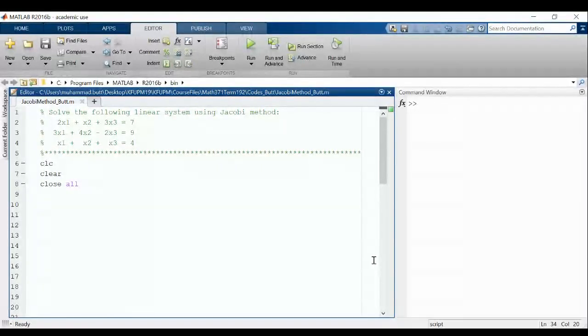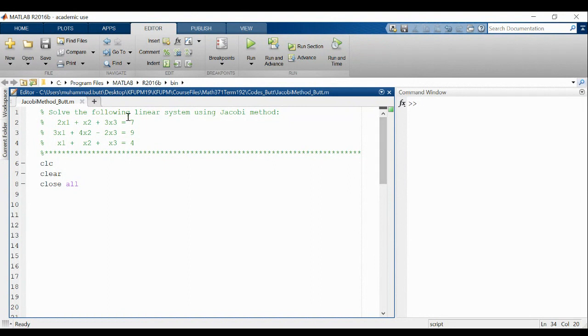So now you can see this MATLAB editor. And now the question is this: how you will write a MATLAB code for the Jacobi method. So I will just give you the main idea, and then you can complete the code by yourself.